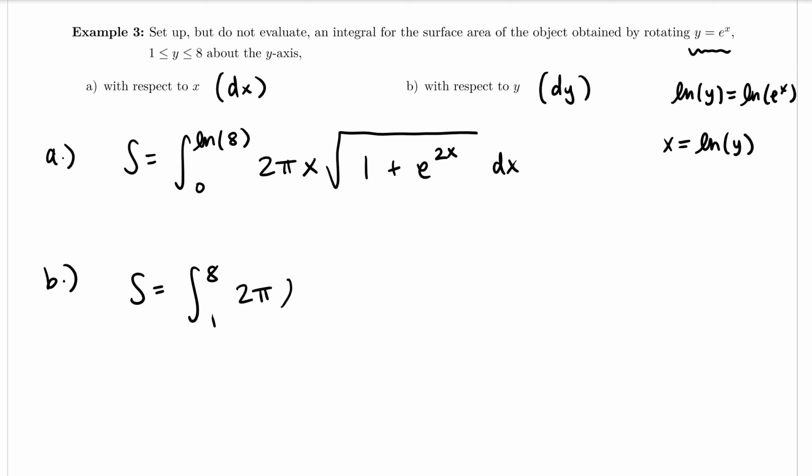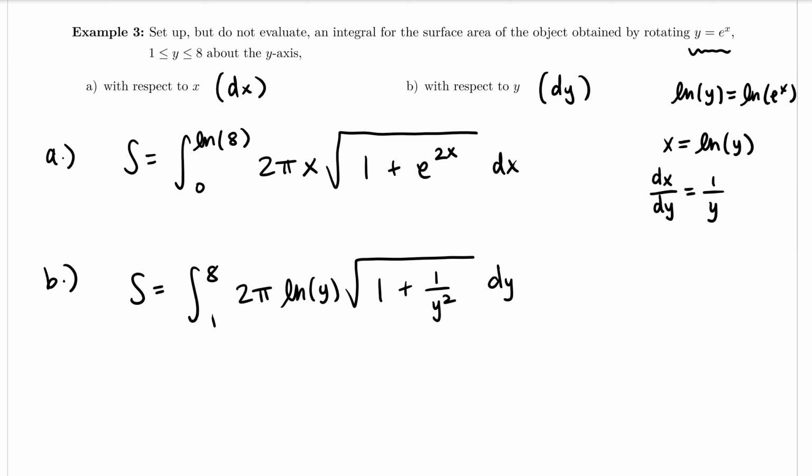So instead of putting x here, I'm going to put the natural log of y, because we're going to end up integrating with respect to y. And then I have 1 plus, and from here, we can solve for dx dy, which we already did, but we know that the natural log of y has the derivative 1 over y. So if I square that, just like last time, that will give me 1 over y squared.